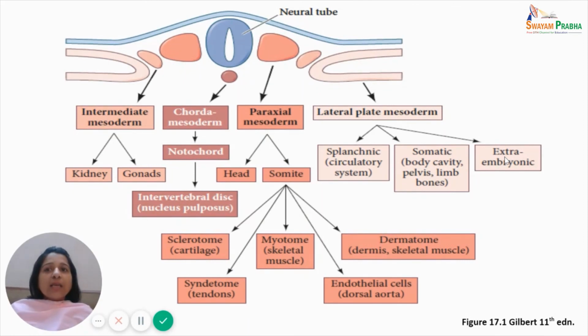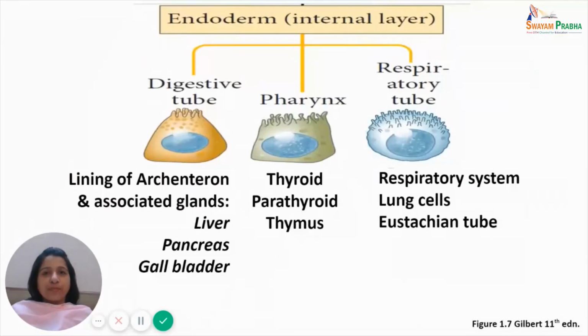However, the anteriormost paraxial mesoderm does not segment, and it becomes the head mesoderm in the head region, where it gives rise to the connective tissues and the muscles of the head. The endoderm, or the internalmost layer of the gastrula, gives rise to the digestive tube as well as the associated organs.